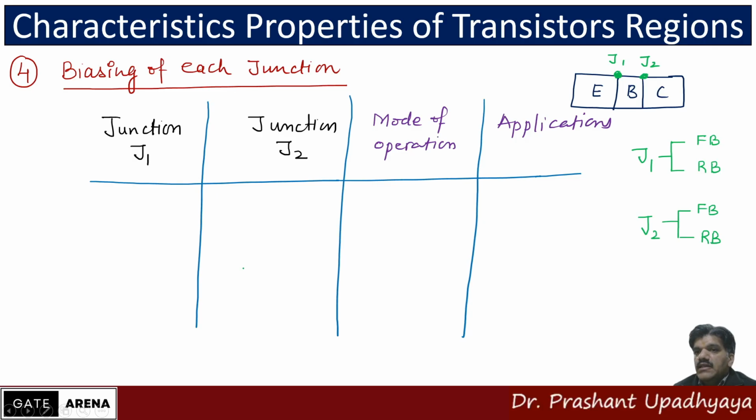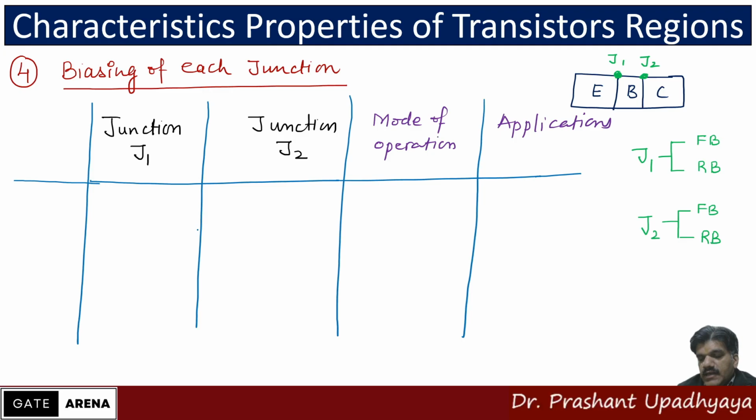So we get the biasing of each junction. Biasing means that you are connecting the emitter, base and collector with batteries. When we are not connecting it with batteries, it is unbiased, or we can say it is an open circuit.